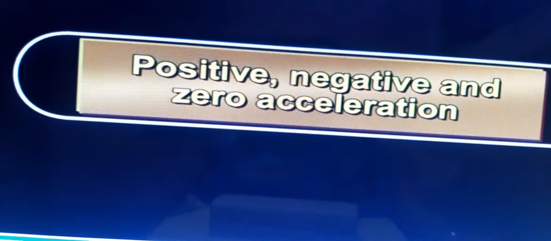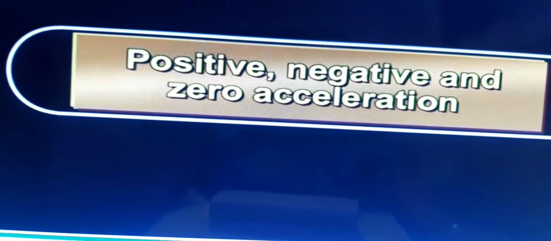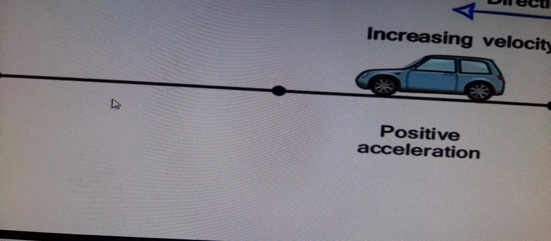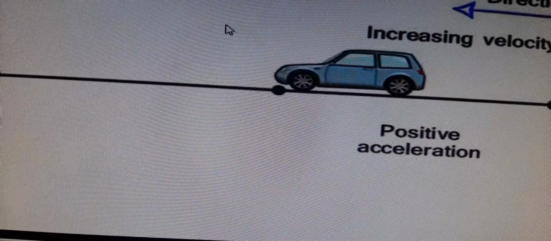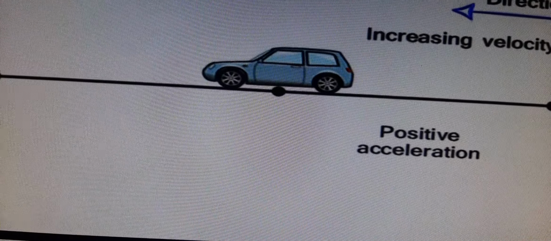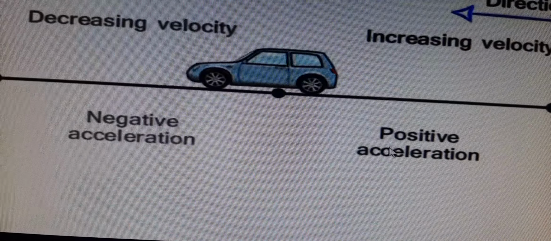Now we see the concept of positive and negative acceleration. An object can have positive or negative acceleration. If the velocity of an object is increasing, then the acceleration is positive.